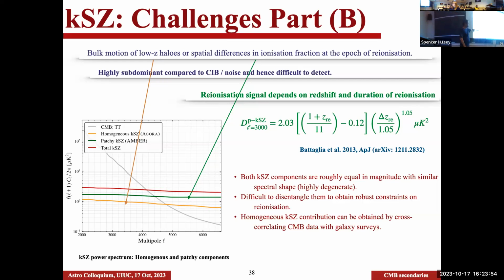These two lines roughly have the same shape with slightly different amplitudes, but we don't know what these amplitudes are because we have never measured these things. This is just a simulation, but that's the problem. If you want to say something about reionization, you want to get rid of the yellow line from the red. Anything that we assume about this is going to affect our constraints on reionization, so we have to be a little bit careful.